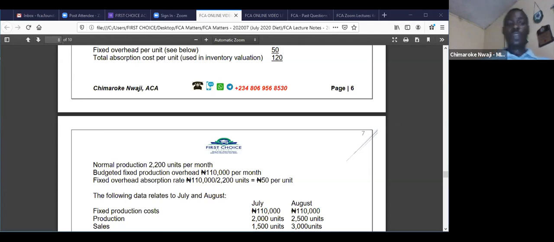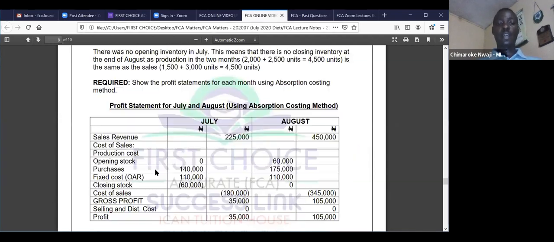So whatever you incur, the actual, add your over-absorbed fixed cost to it. So you will always be getting this 110. So that's why we see this 110 here being featured. It's also featured here in the sense that I'll come back to August, how we got it there.